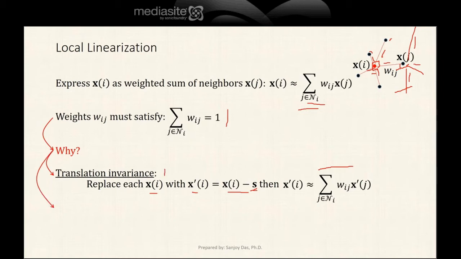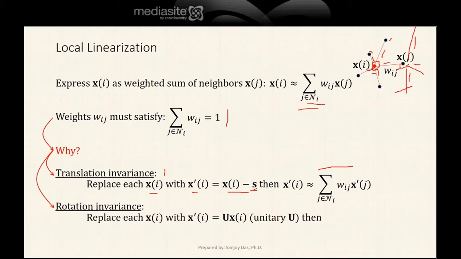And the other reason is rotation invariance. So if I replace each xi with xi prime equals u xi, where u is a unitary matrix, in other words, a rotation matrix, then again the same property is preserved. Xi prime is approximately equal to the linear combination wij xj prime.